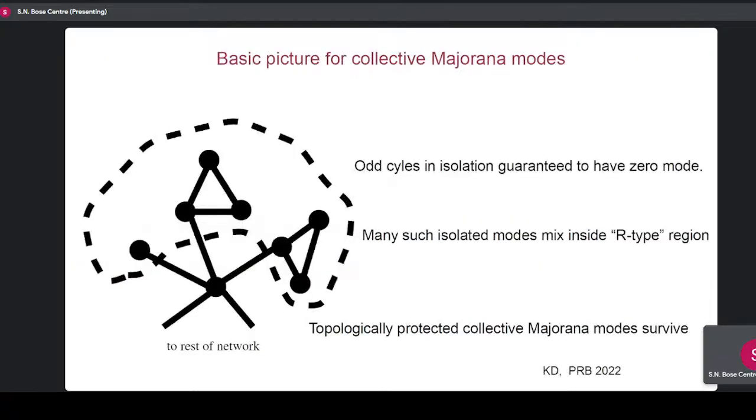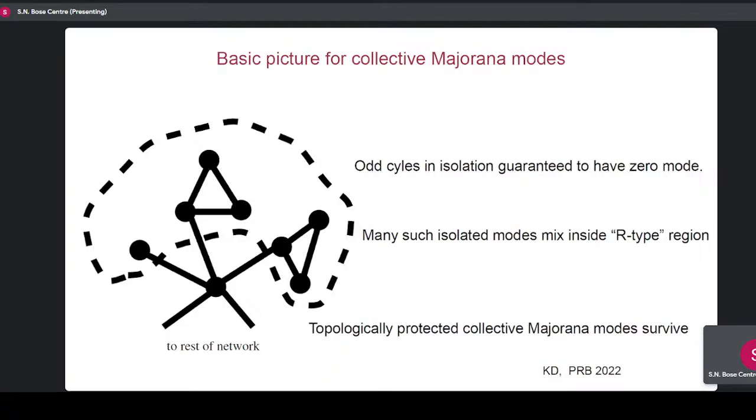And the basic picture in our mind then, in this case, was that odd cycles of the graph trivially host a zero mode because there's a symmetry E going to minus E, and one eigenvector of such a motif isolated from everything else will be at zero. But of course, these motifs will not be isolated; they talk to each other.